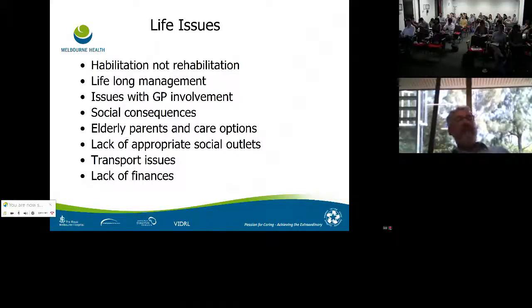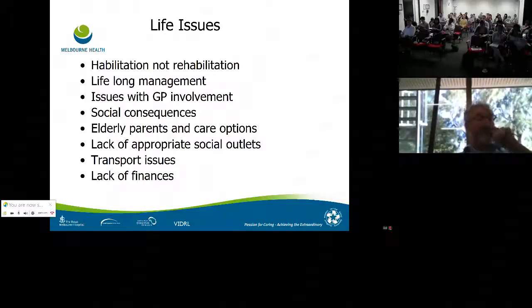There's a need for lifelong management, and I strongly feel that lifelong management should include specialists in treating this condition, and I think that rehab physicians are extremely well able to do this, provided they have interest, training and time.